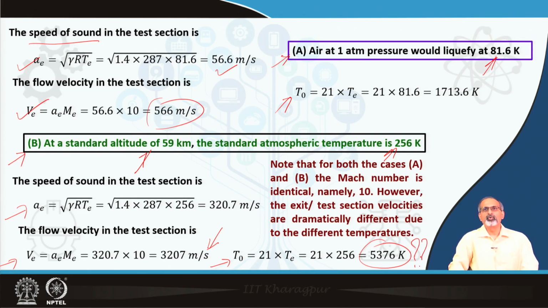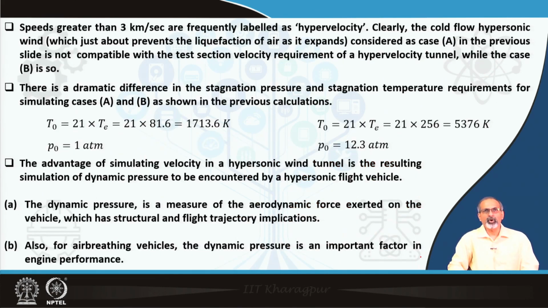So, we saw two cases where if the reference temperatures are significantly different, how it may influence the test section velocity. Now, when speeds greater than 3 kilometers per second are encountered, we generally classify them as hypervelocity.